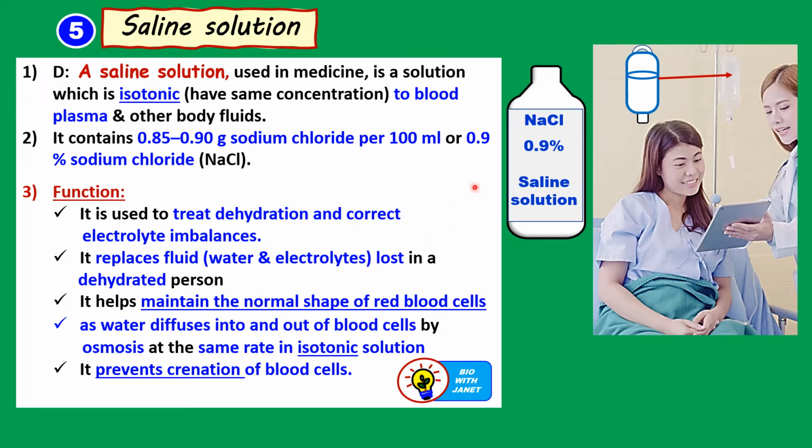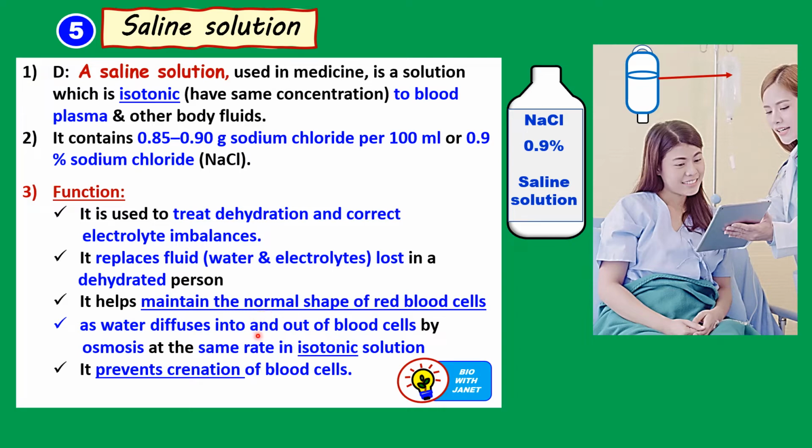So, why use the saline solution of 0.9%, specifically 0.9%? The saline solution replaces the fluid, meaning the water and electrolytes that are lost in the dehydrated person, and it also maintains the normal shape of red blood cells because it is an isotonic solution, isotonic to blood plasma.